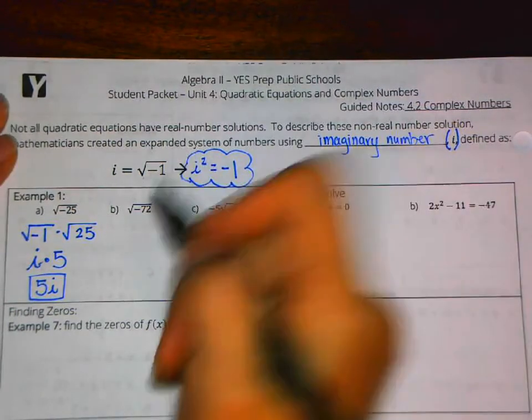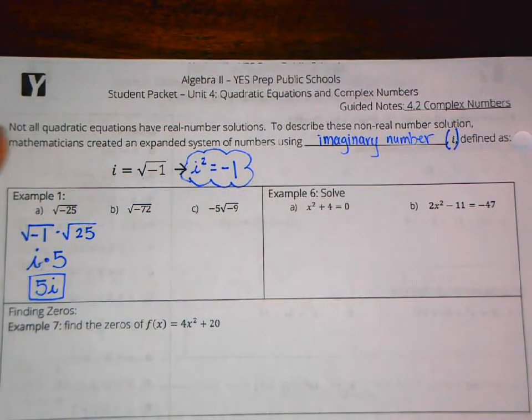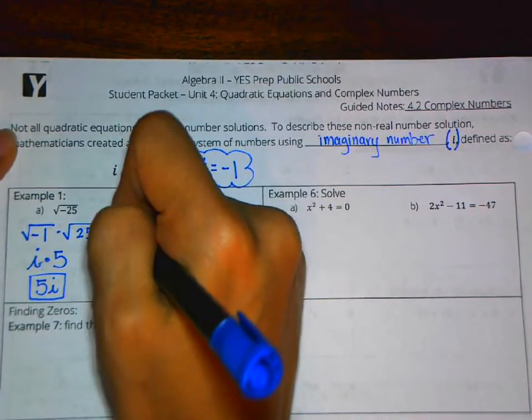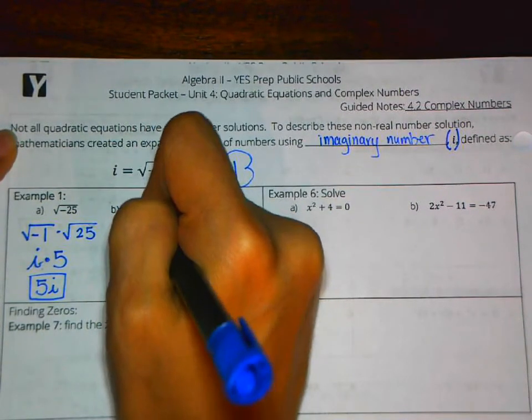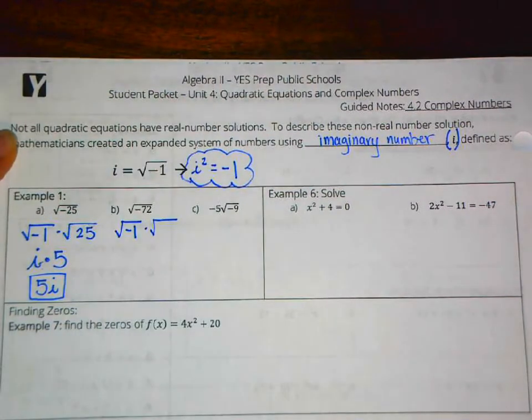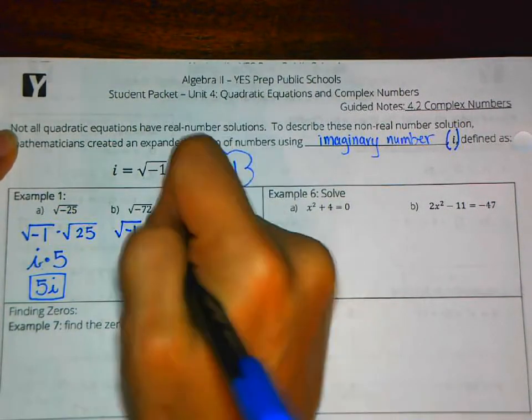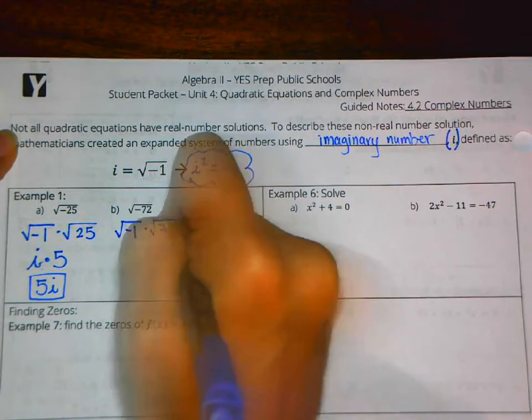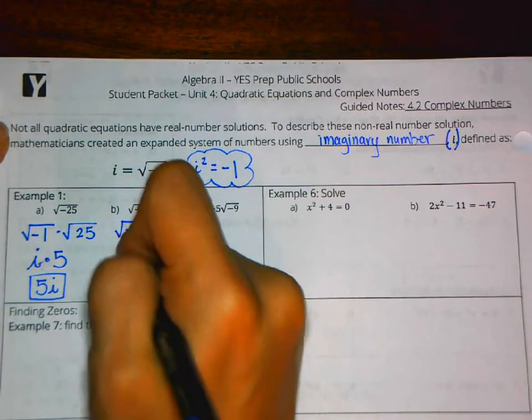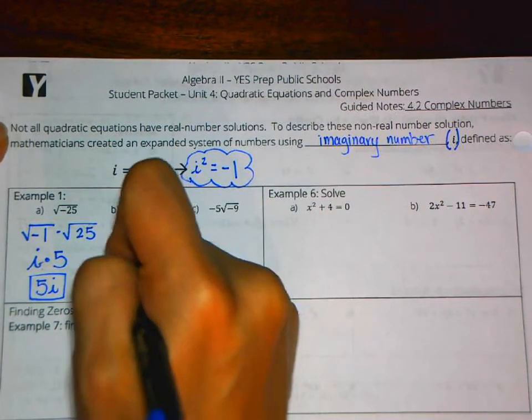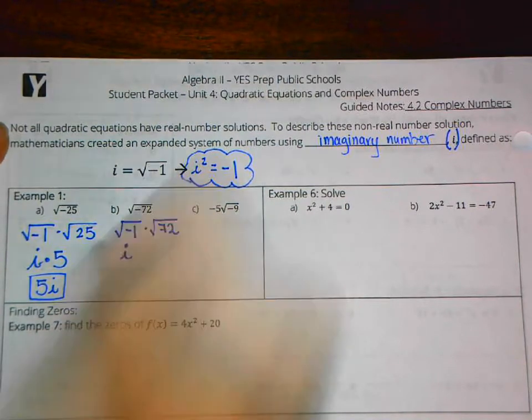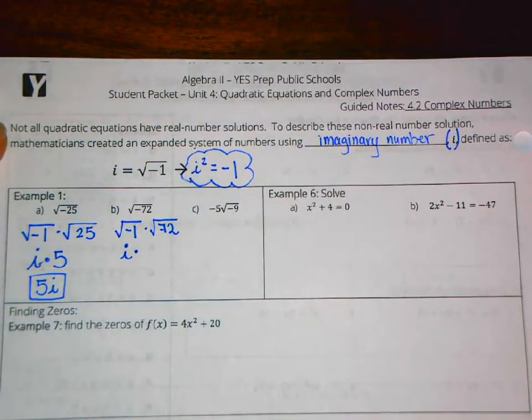Let's give the next one a try. Square root of negative 72. Again, I'm going to split it up into 2 square roots, a negative 1 times a 72. I know that the square root of negative 1 is i times the square root of 72. I've got to simplify that.